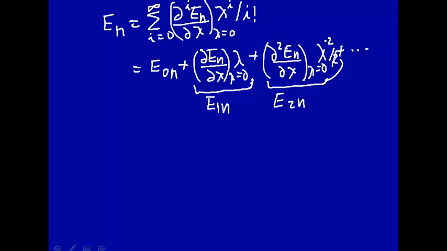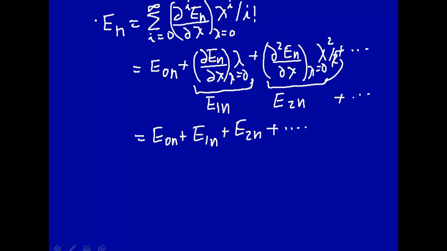This is the second order correction to the energy, and so on. So we have lots of corrections here. Just rewriting, this is the unperturbed energy plus a first order correction to the energy, plus a second order correction to the energy, and so on. And this is for a particular quantum state given by the quantum number n.